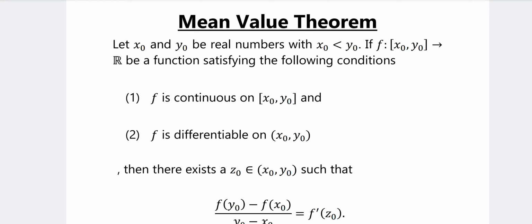For example, if you have seen maxima and minima in 12th standard, sometimes calculating a maximum or minimum is not possible where the second derivative or first derivative does not exist, even when the function is continuous. So the mean value theorem helps in that case. And it has some other applications also.